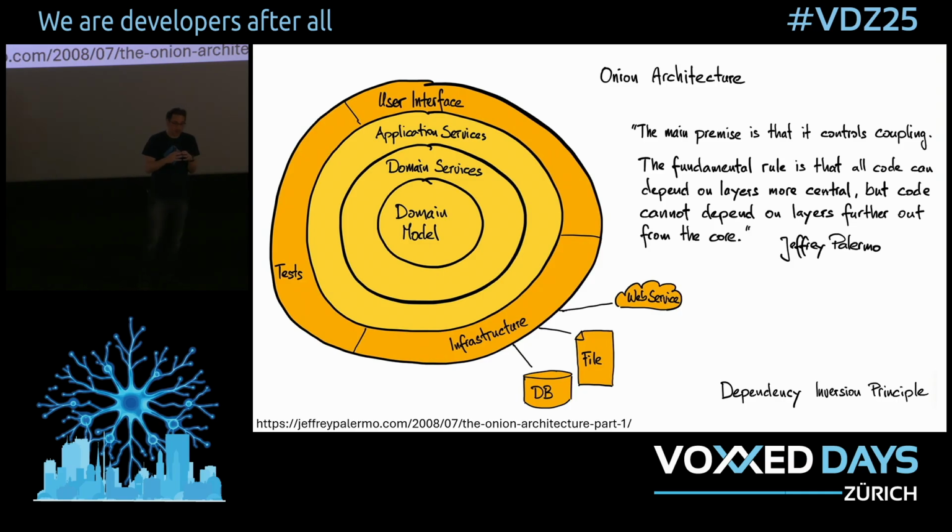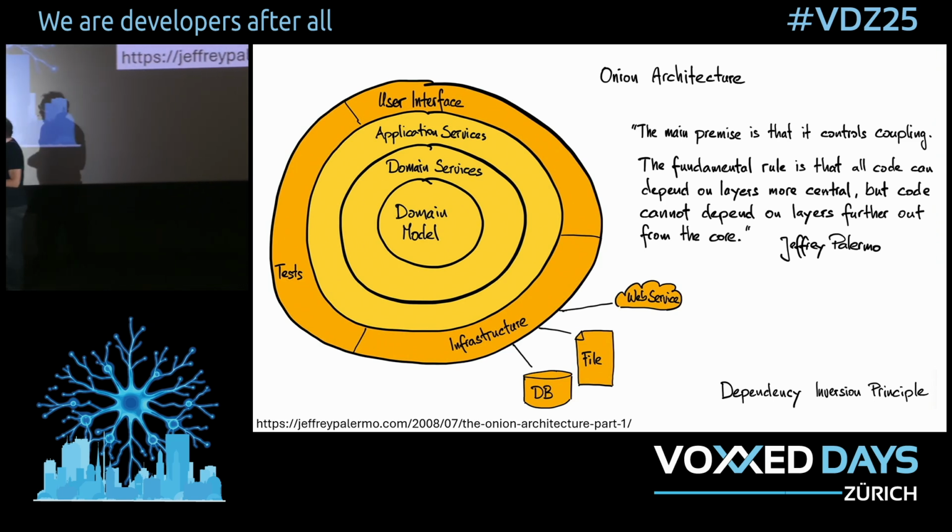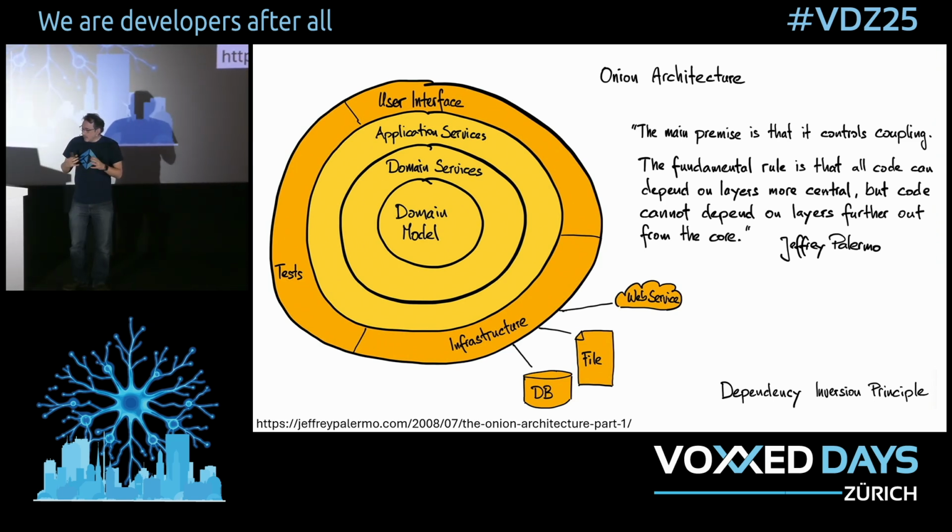In the middle is the business logic, the yellow parts. On the outside are the infrastructure parts, like access to the database, talking to other services, the user interface, or tests. And he split the inner part into three layers: the application services, the domain services, and the domain model.